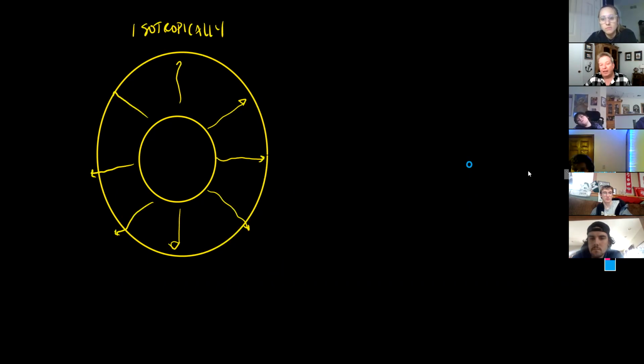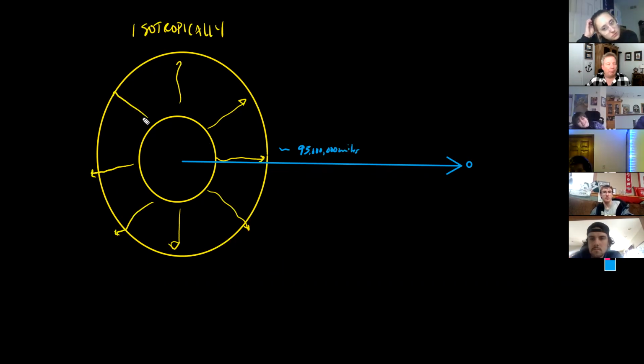How far away is the sun and the Earth, on average? It says it on page 2. 93 million miles. 93 million miles away. So that ball of radiation is a sphere with a radius of 93 million miles.